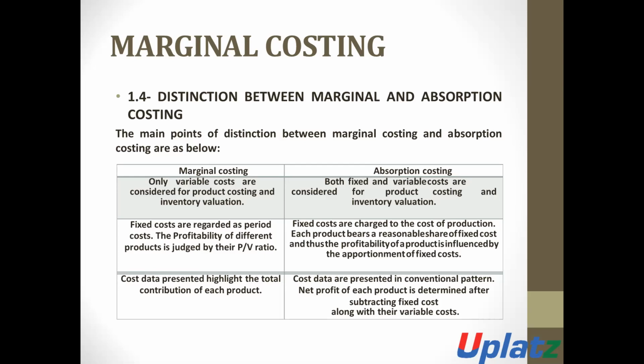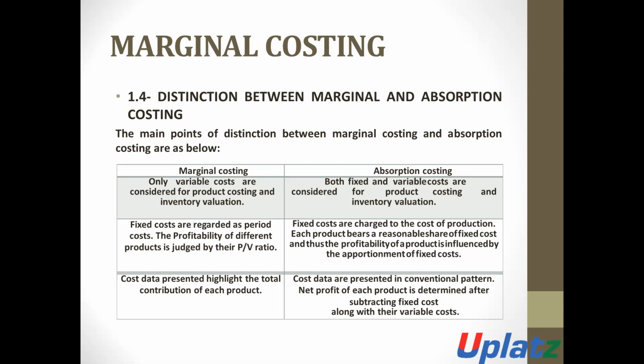But in the case of absorption costing, fixed costs are charged to the cost of production, and each product bears a reasonable share of fixed cost, and thus the profitability of the product is influenced by the apportionment of fixed cost. In the case of marginal costing, the cost data presented highlight the total contribution of each product.